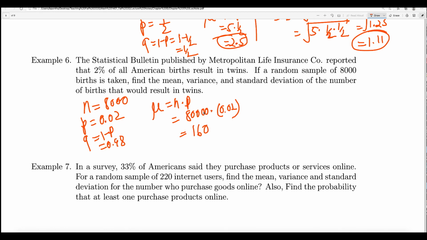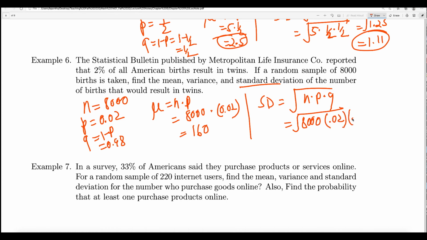Oh, not 80,000. This is 8,000. So this should not be 80,000. 8,000 times 0.02 is 160. So next I want to find out the standard deviation as well. Standard deviation is root under N times P times Q, right? So it will be 8,000 times P is 0.02 times Q is 0.98, not 0.92, because Q is 0.98.